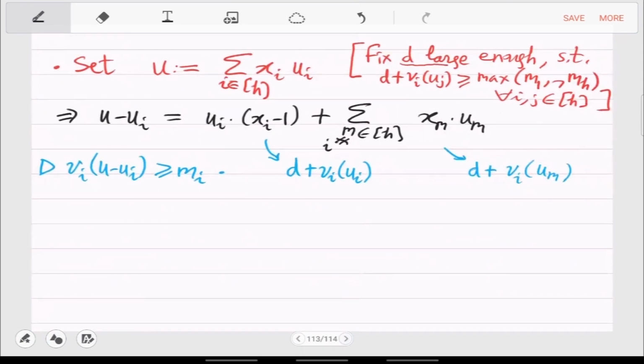That's easily done, and then now you can deduce that Vi of u minus ui, since both the summands have valuation at least mi, is at least mi, so your theorem statement is done. Is that clear? So this completes the induction step.